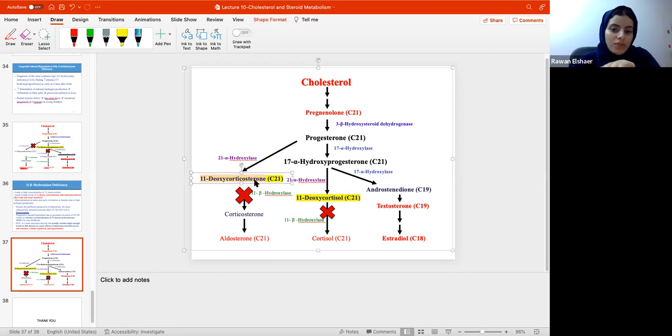11-deoxycorticosterone is weak, okay? But when you have very high levels of it, it's able to cause a lot of water and salt retention. So how do you think a patient with 11 beta hydroxylase deficiency would present? He's going to have a lot of 11-deoxycorticosterone, which I said causes water and salt retention.